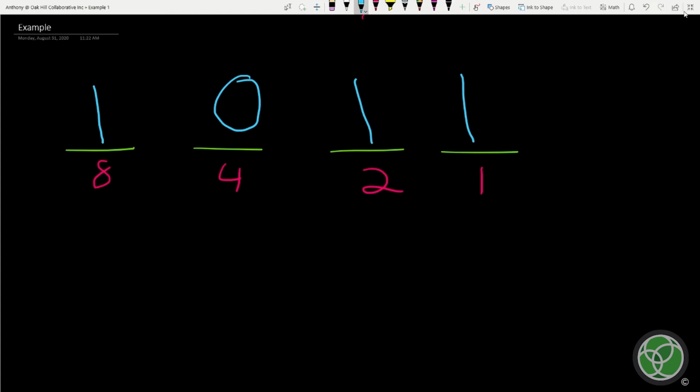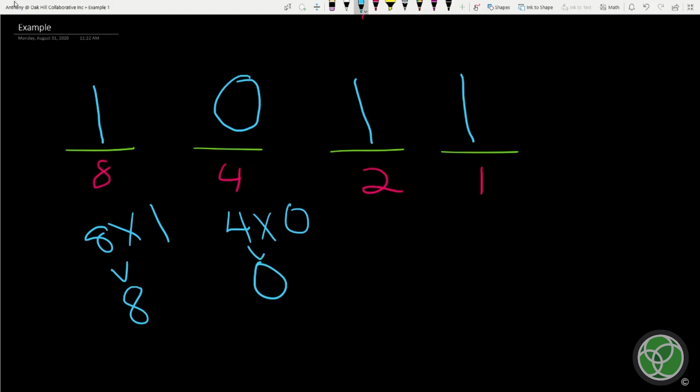So as we did before, we're going to multiply these numbers out, the numbers that we've turned on and off, to come up with a total. 8 times 1 is 8. 4 times 0, which is turned off, is 0. 2 times 1, which is turned on, is 2.